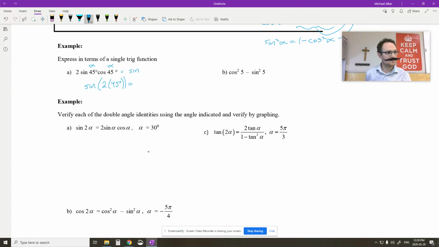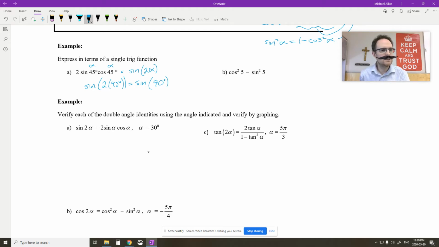The 2 disappears. The 2 is part of the identity. It kind of jumps into the brackets here. So it'll be 2 times alpha, 2 times 45, which is sine 90. Okay. It just says solve it as a single trig. You can determine what that number is. It's positive 1. I'm not too worried about that.